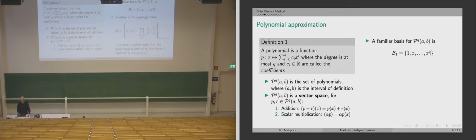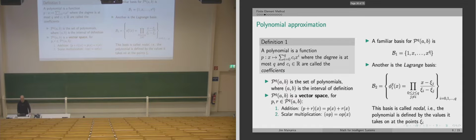Another basis is the Lagrange basis, which is called a nodal basis, because we define the coefficients, or the coordinates, of the polynomial in that basis, called B2 here, by defining the value of the polynomial at a particular point, here called x_i.